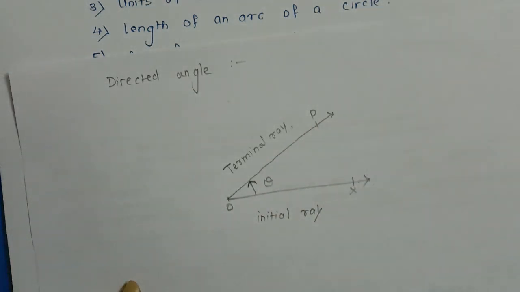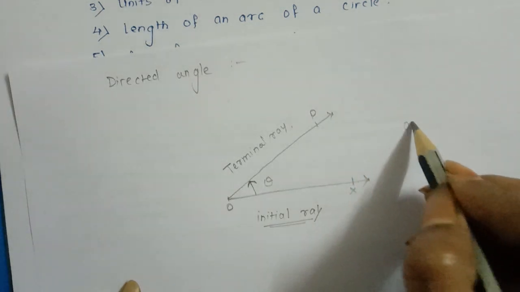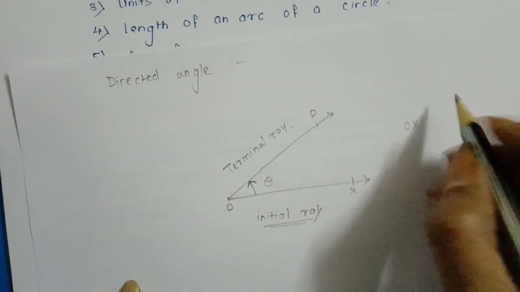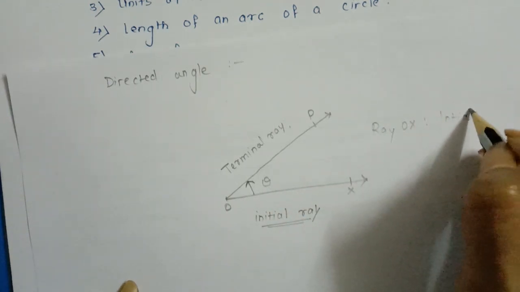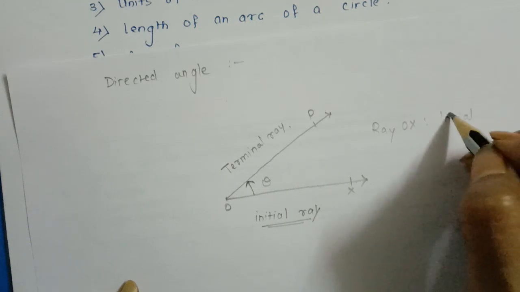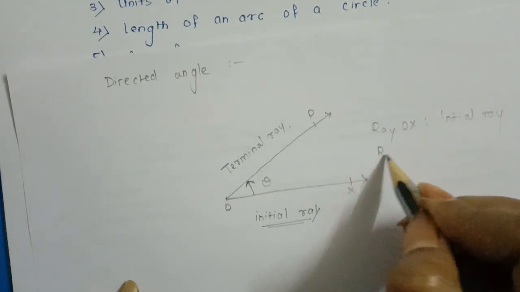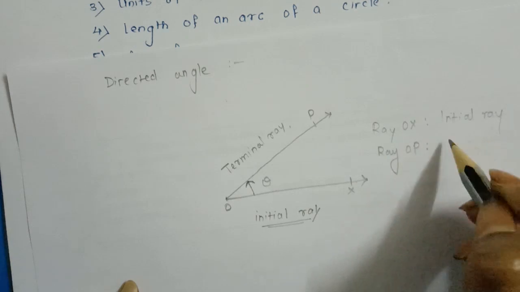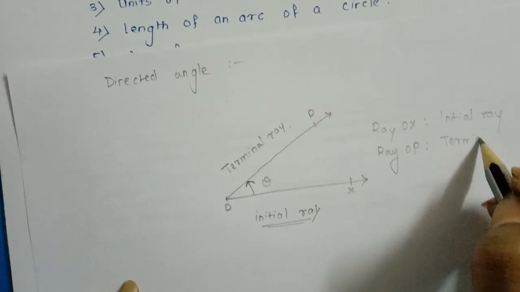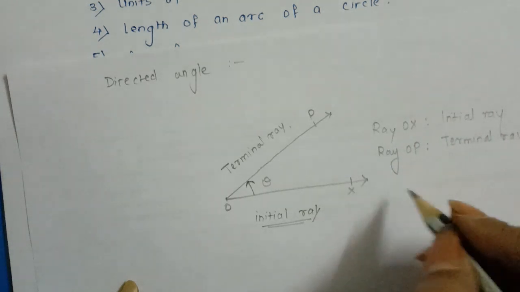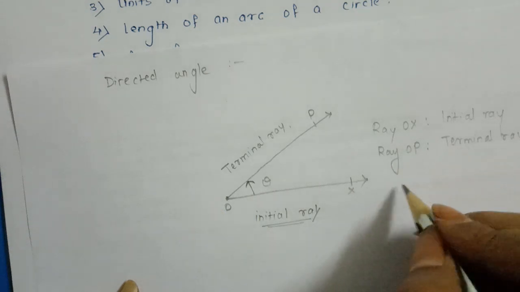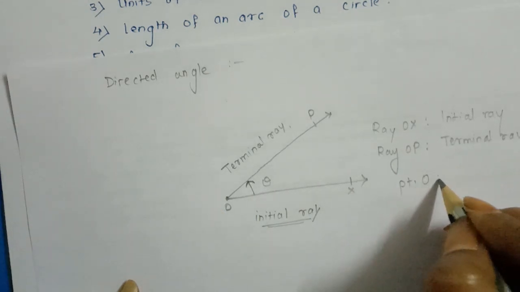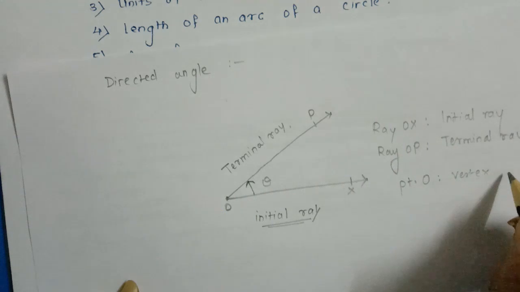Now here OX is nothing but the initial ray. Ray OP is the terminal ray, whereas this point O is the vertex.